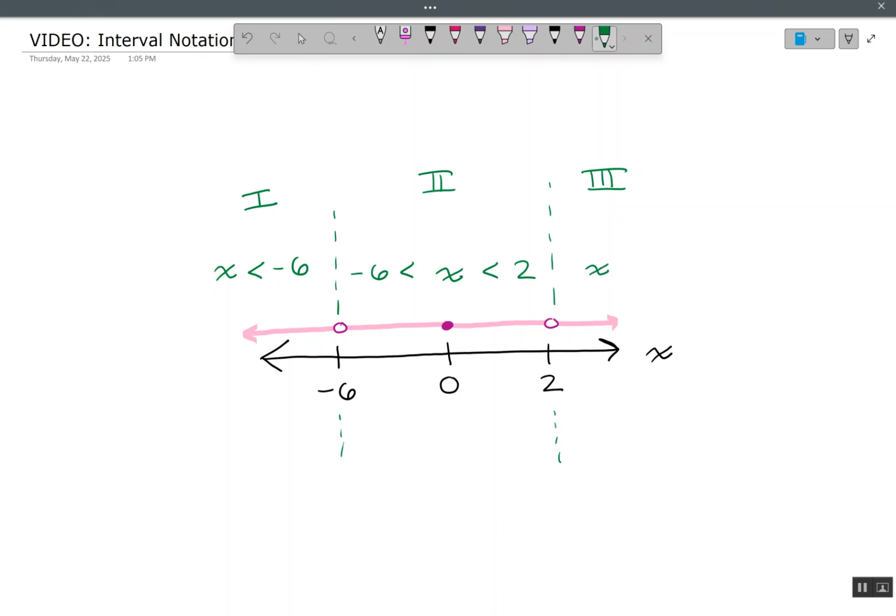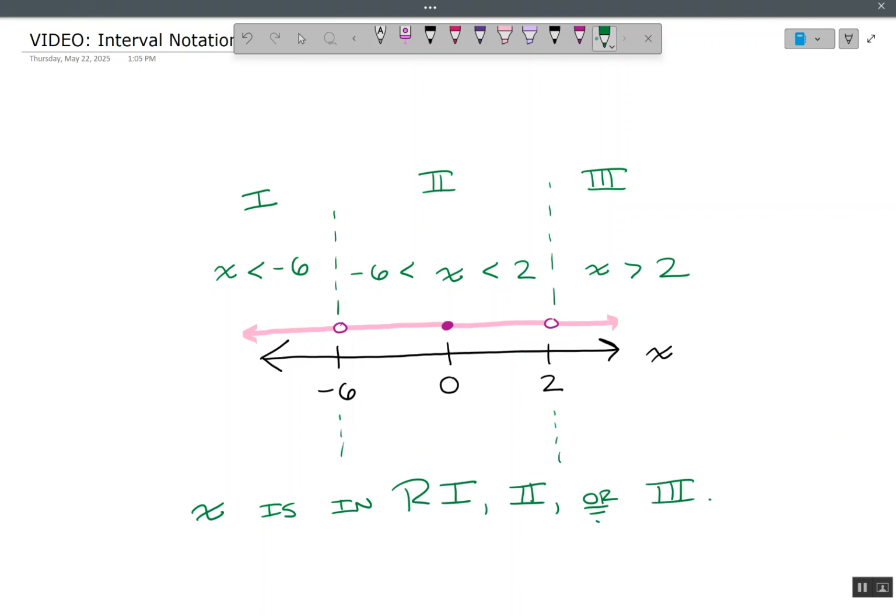Now these are the x values that are bigger than 2. So if I wanted to say, how do I describe all of these at once? Well, the x value is in one of 3 regions. So I can say x is in region 1, 2, or 3.